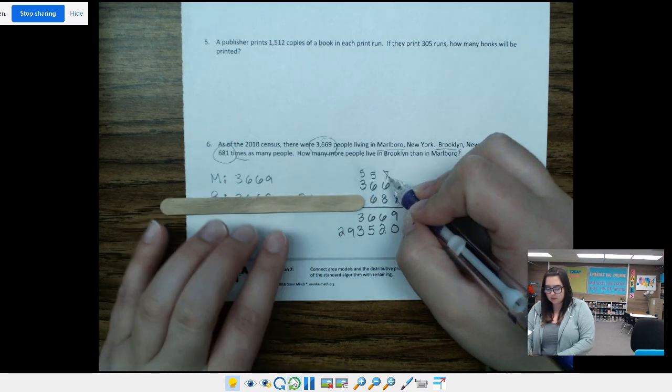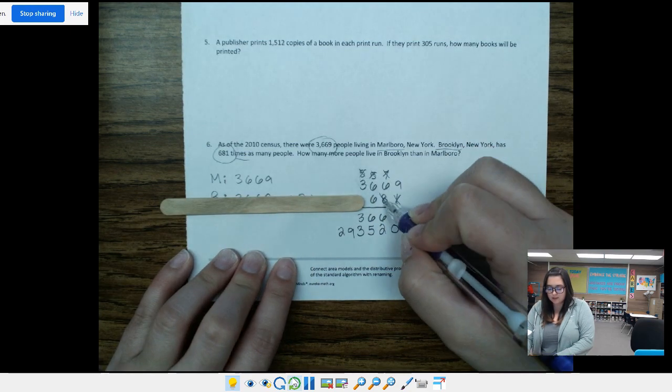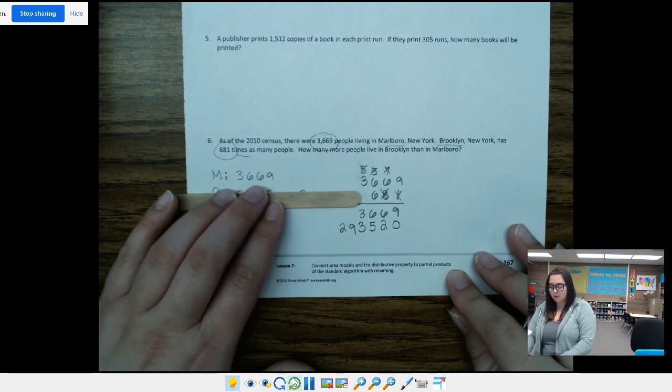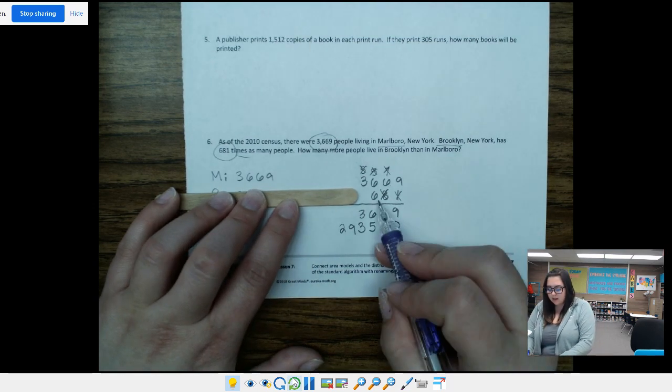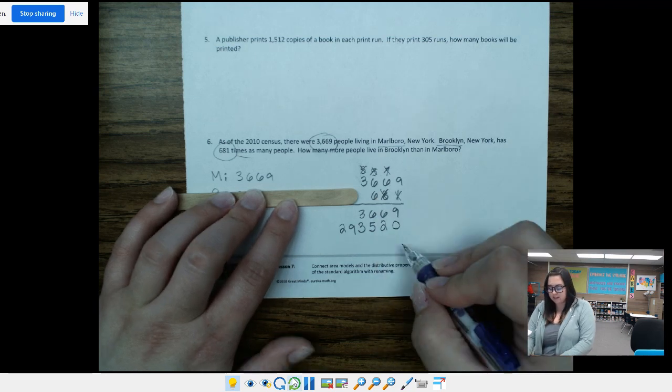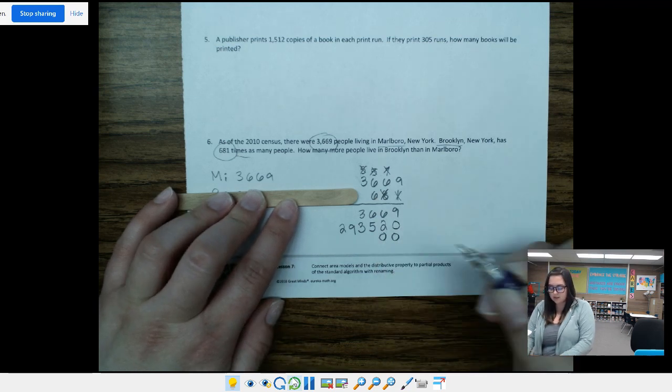Last one, I'm done with these numbers. I'm going to cross them off, especially because I'm only using pencil. This paper is really thin, so I don't want it to leak. Now I'm going to multiply 6 times each number on top, but it's not really a 6, it's 600. So let's add our zeros.